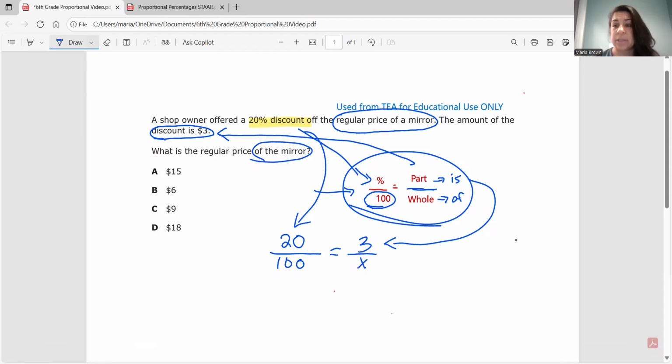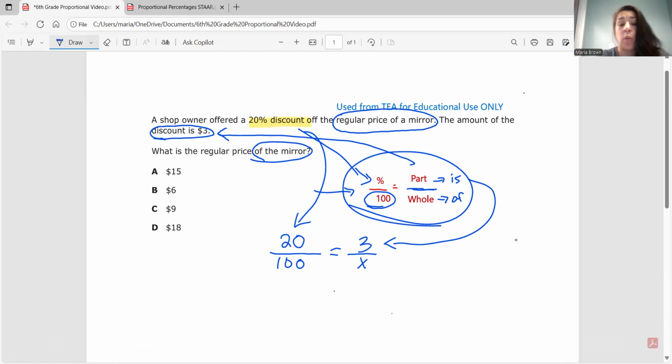But let's think about this logically anyway. We're giving a discount off of the entire price of an item, in this case, the mirror. If we're giving a discounted price, that discounted price is a part of the whole. In this case, we don't know what the regular price was, which is the whole.